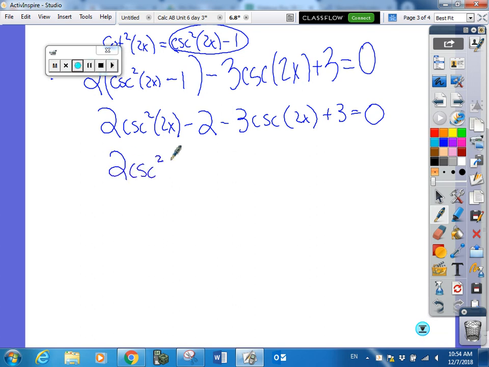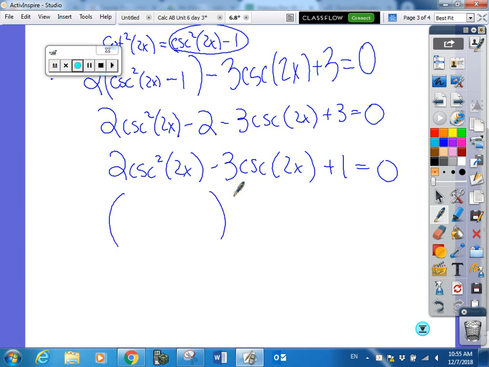So 2 cosecant squared 2x, that's just our angle, which is going to affect our period in a minute, and then plus 1 equals 0. A squared, an unsquared, and a constant. That's just factoring. Two parentheses equals 0.